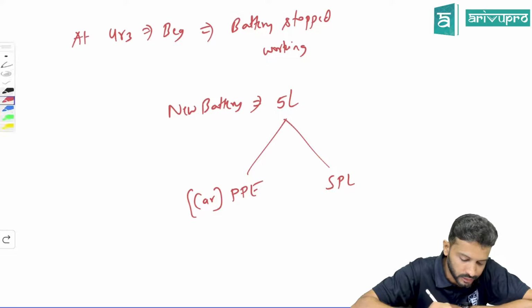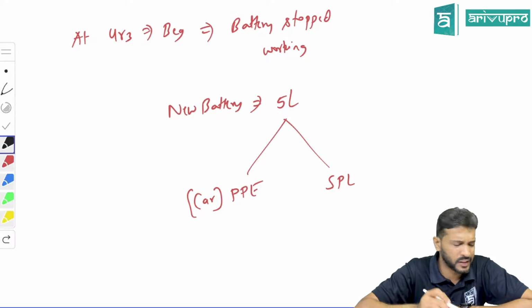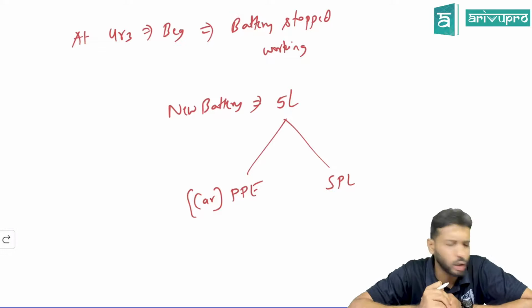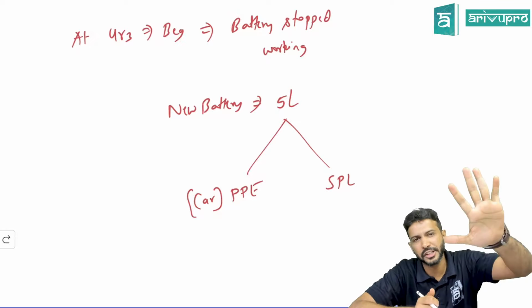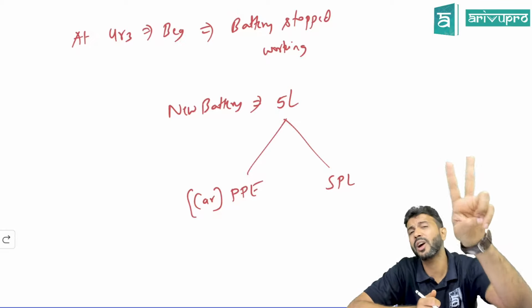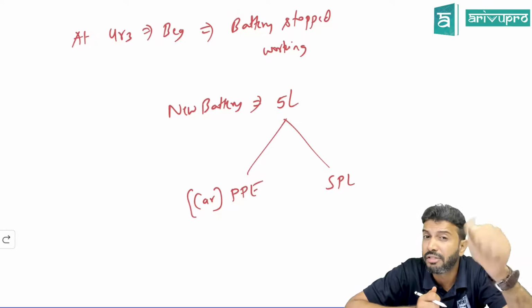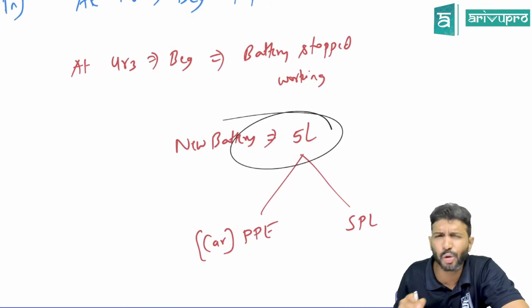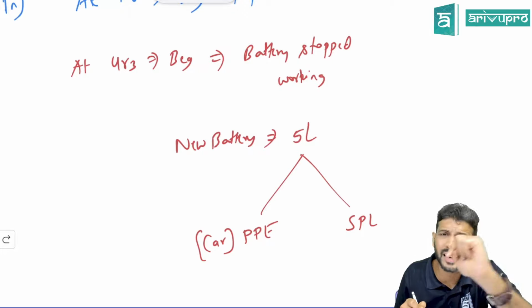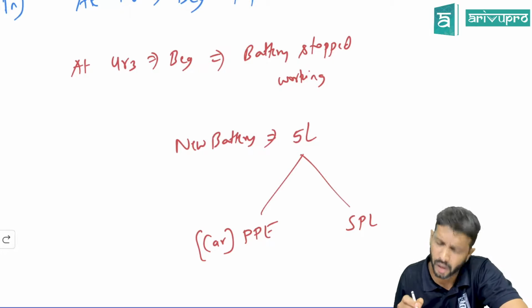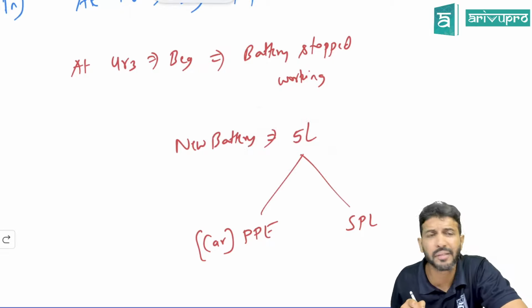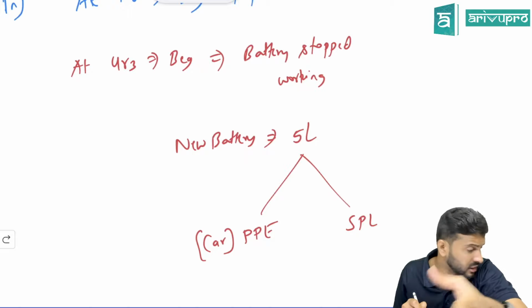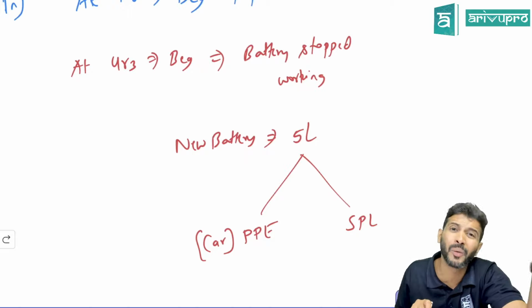PPE, absolutely. Yes. Obviously, if you want to add something as PPE, there are 5 features. More importantly, recognition criteria. What are the 2 recognition criteria? Future economic benefits and cost measurement. Don't you think from this new battery, the company will get future economic benefits? Yes. And will this benefit last only for 1 year or more than 1 year?